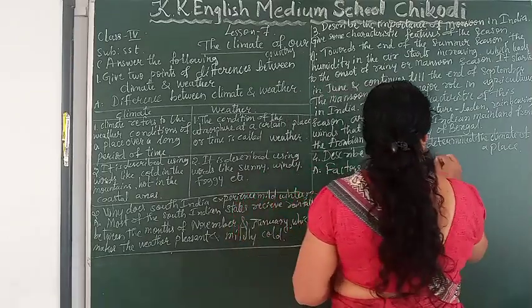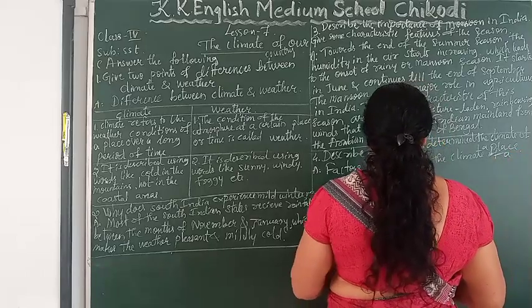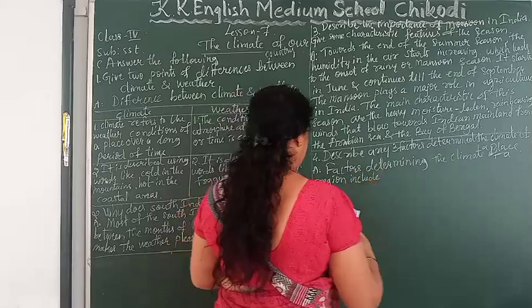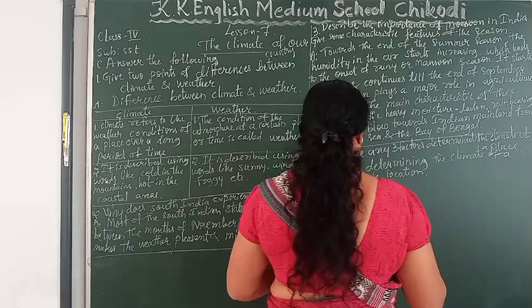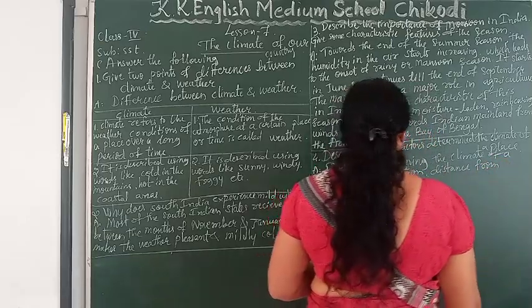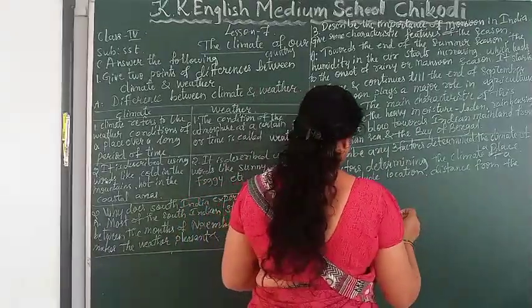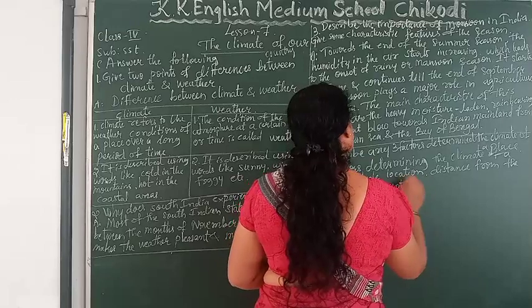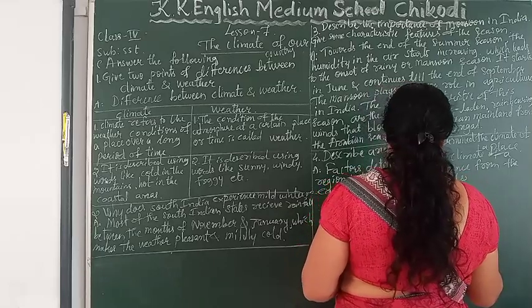Factors determining the climate of a region include location, distance from the equator, temperature, rainfall and direction of wind.